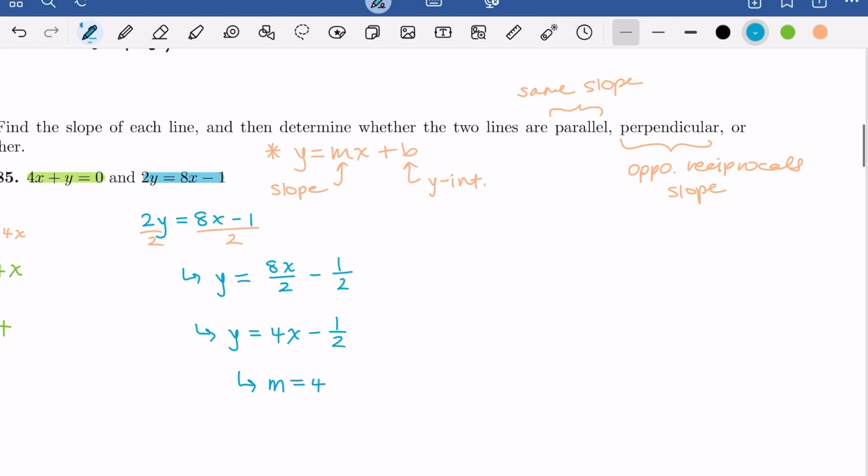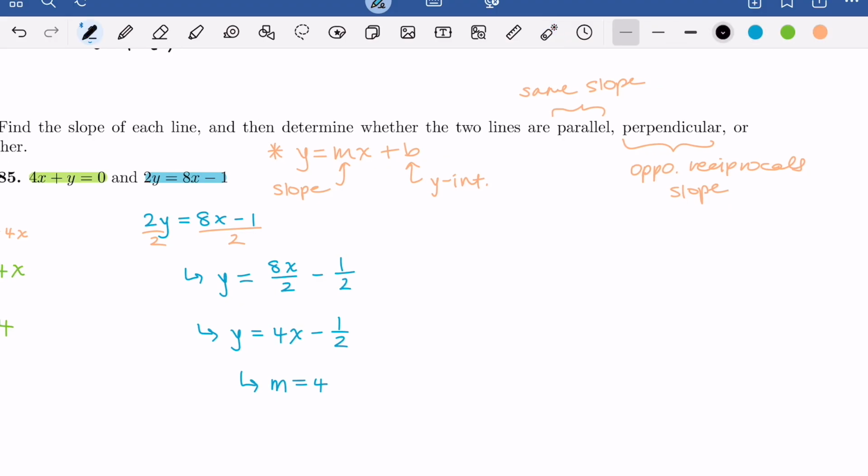So in this case, these lines are neither parallel nor perpendicular. They don't have the same slope, but they do have opposite signs, but they're not reciprocals. So I'll write that here. So we do have that the slopes are opposite signs, but they're not reciprocals.